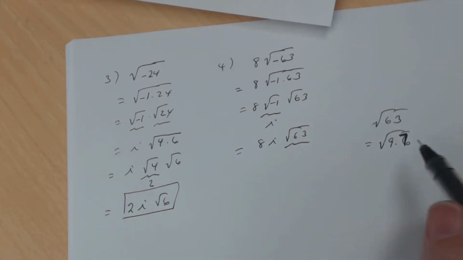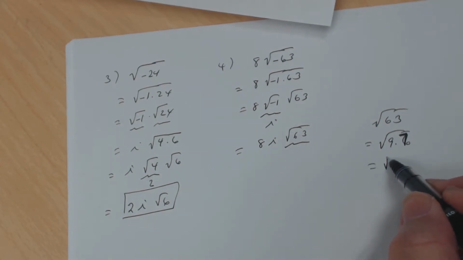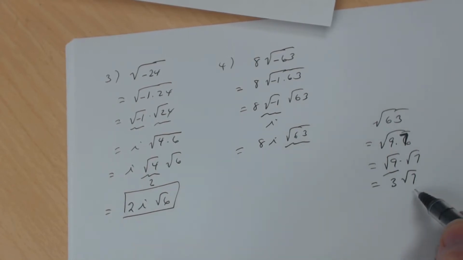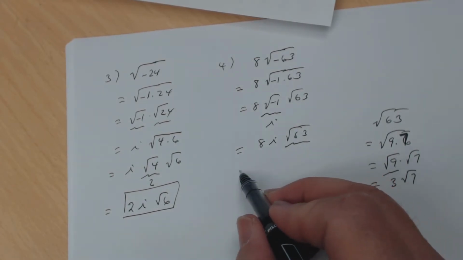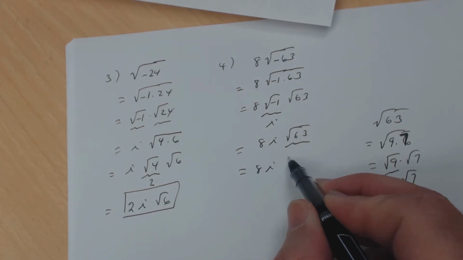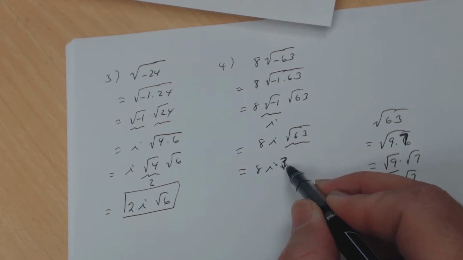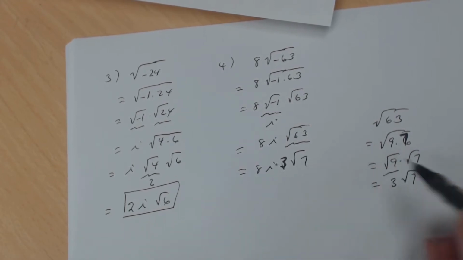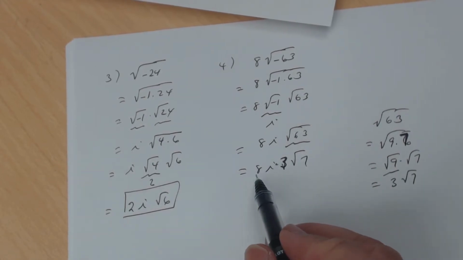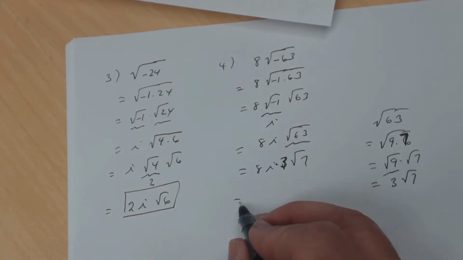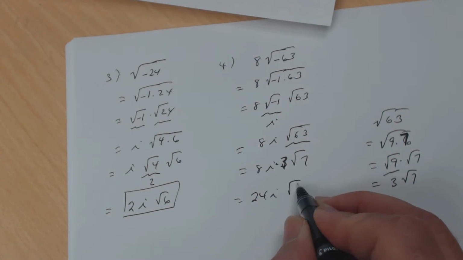And so I can write this as the square root of 9 times the square root of 7, and the square root of 9 is 3, so I get 3 square root of 7. All right, now that's this right here. So look at what we get. We get 8i times 3 times the square root of 7. And so 8 times 3 is 24. So we get 24i square root of 7.